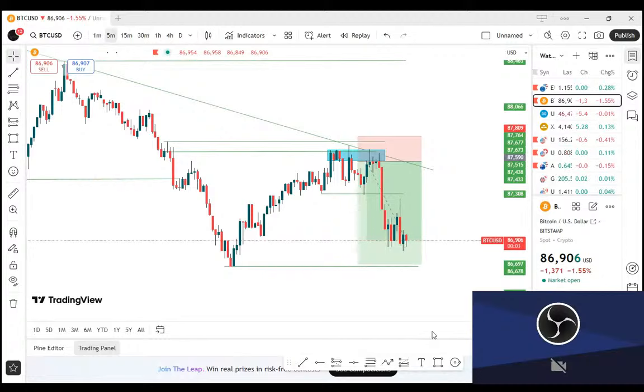I think this candlestick breaks bearish. Let's see the outcome of the next candlestick. This is just delaying us.